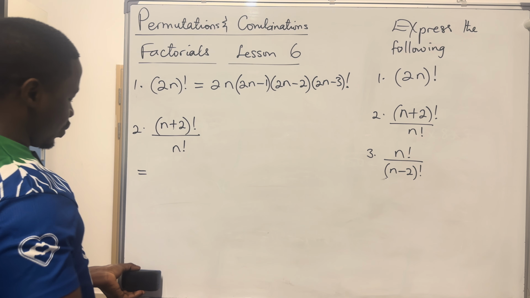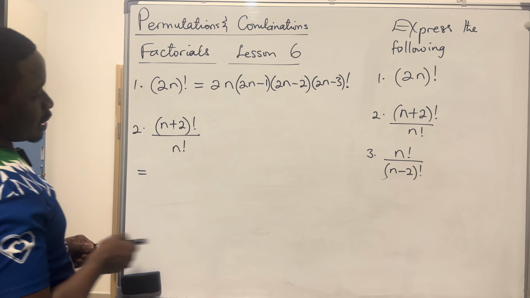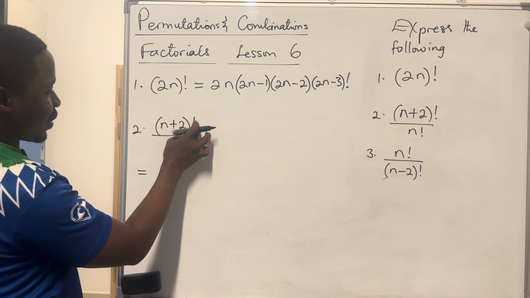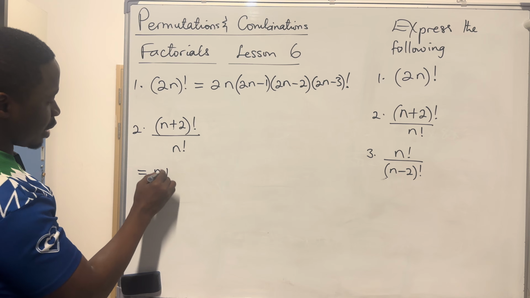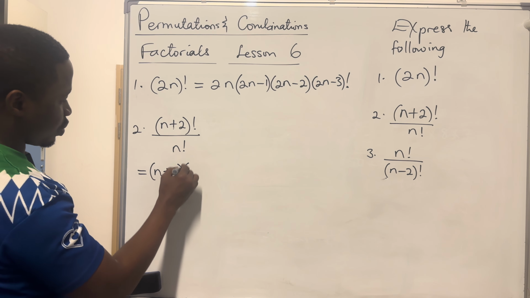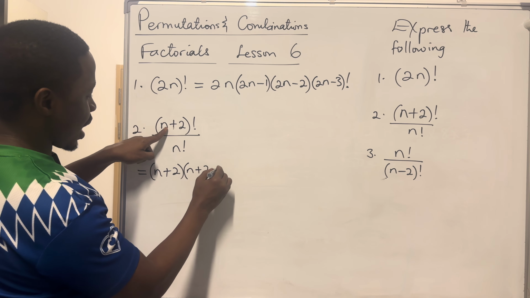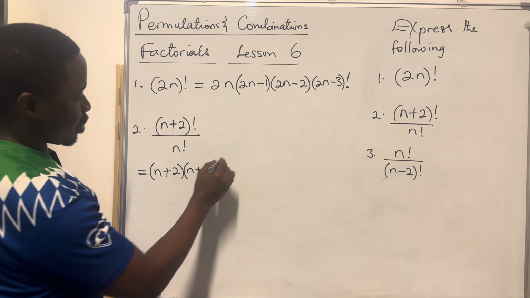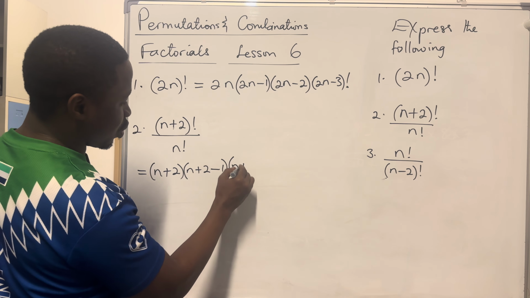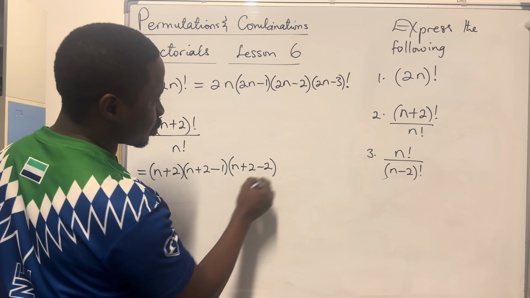So now what we do is, what we are given before the factorial is n plus 2. So we say n plus 2. Now what we are given, which is n plus 2 minus 1. What we are given, which is n plus 2 minus 2.